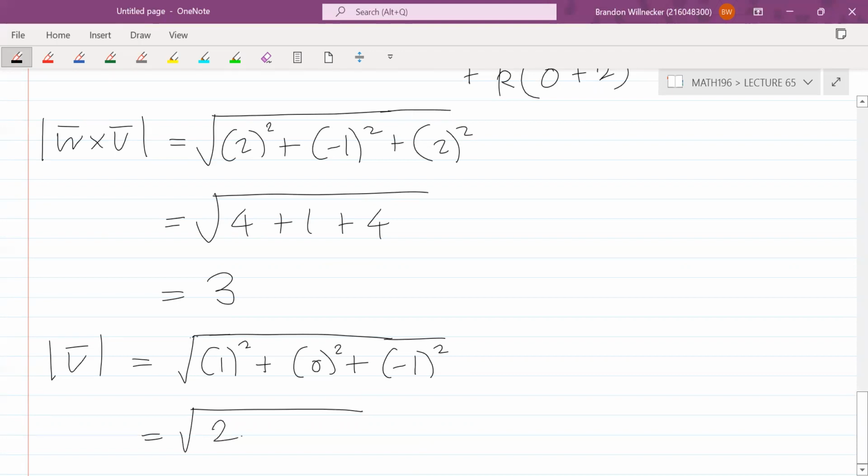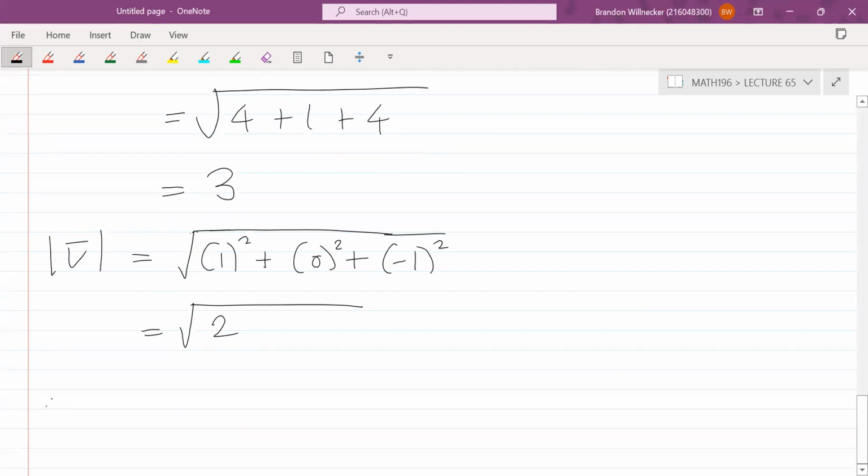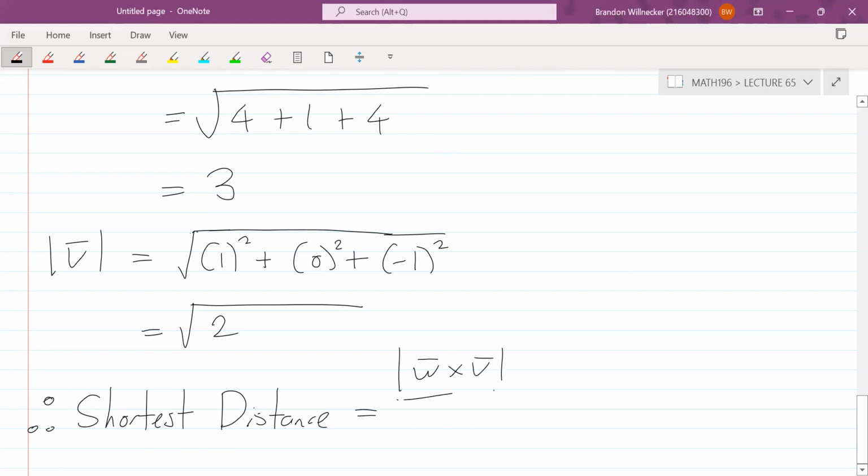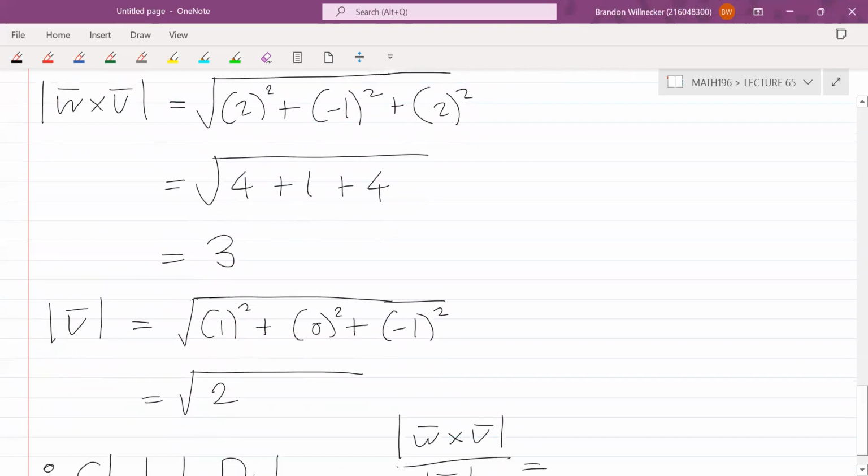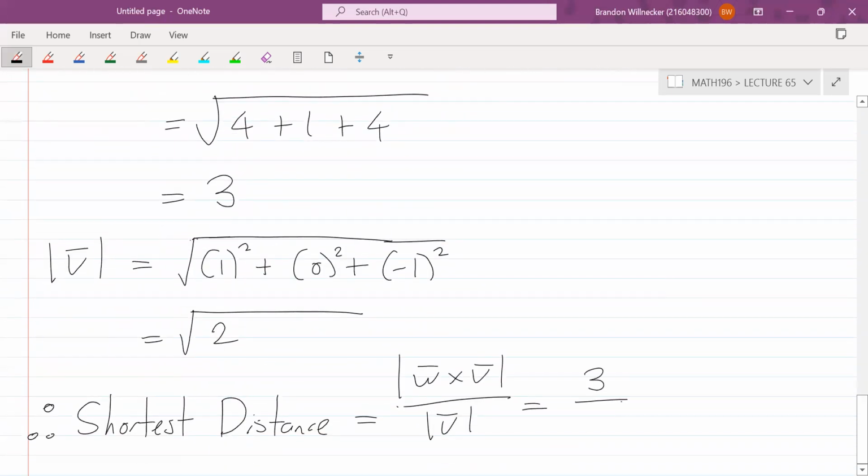Finally, we can take the quotient of the two. Therefore, the shortest distance equals W cross V over the length of V. So that's going to be 3 over root 2.